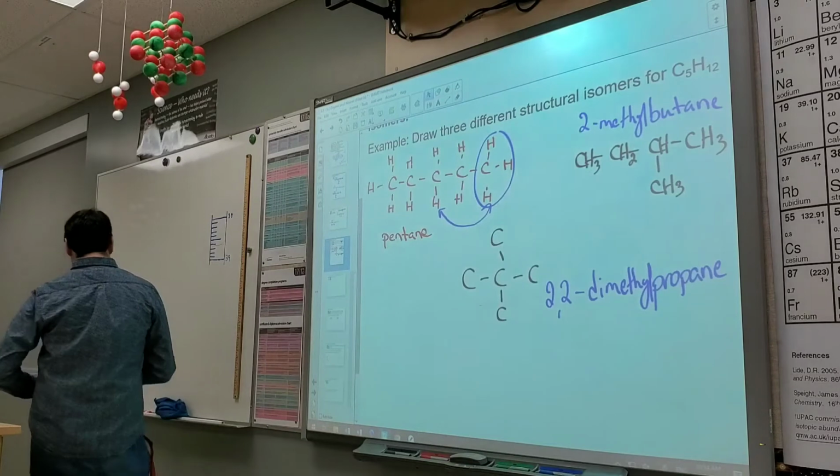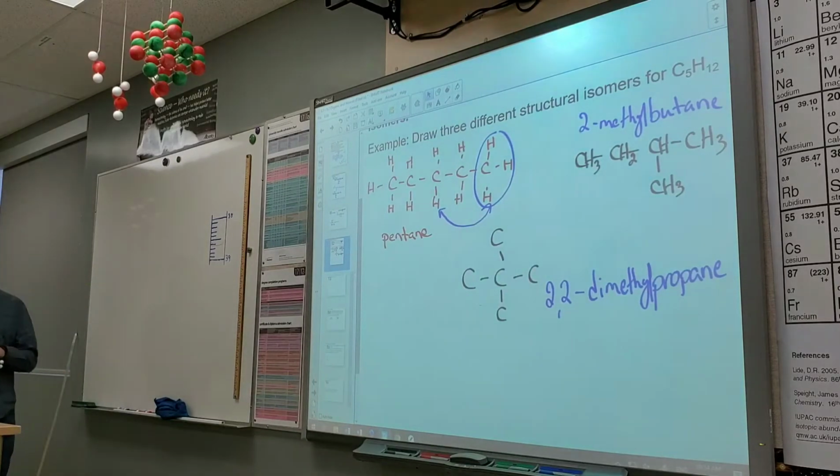Hexane. So I want you to make hexane, but then I want you to figure out how many structural isomers of hexane there are.